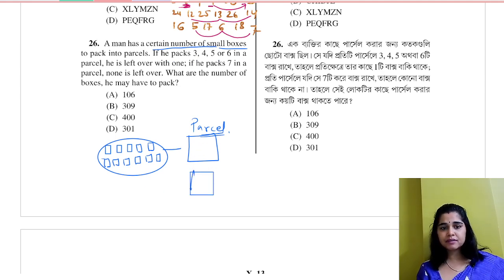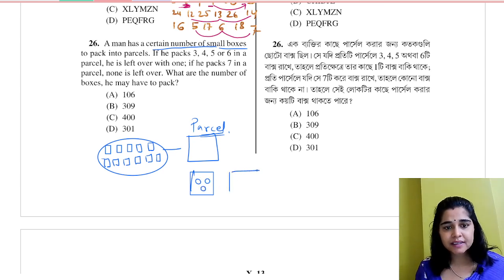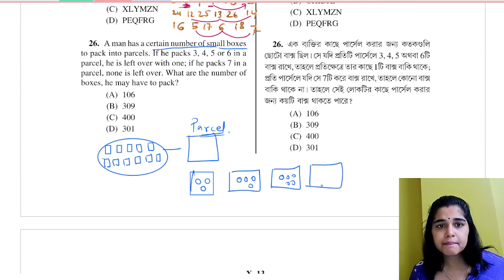Suppose this is a parcel and here are 3 things, and the second parcel has 4 things, and here 5 small boxes, and here 6 small boxes.